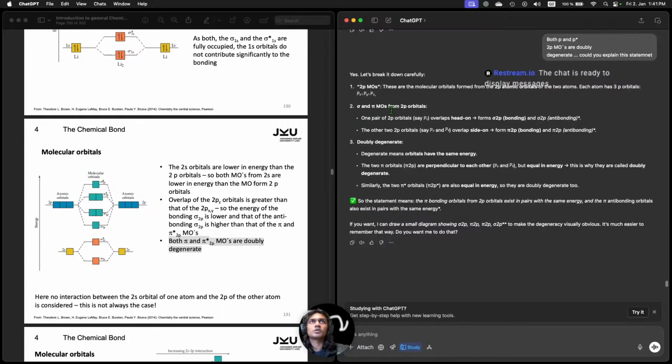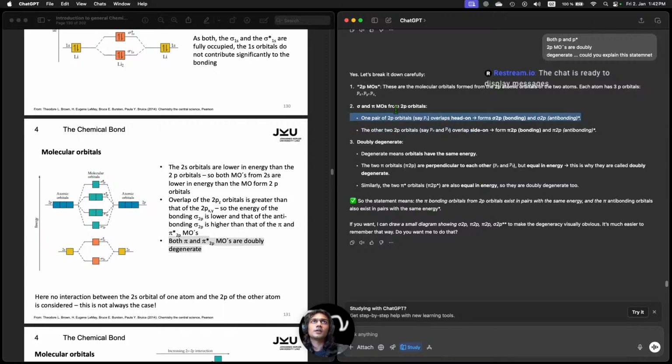Sigma and pi molecular orbitals from 2p orbitals. One pair of 2p orbitals, say pz, overlaps head on to form a sigma 2p bonding and sigma star 2p anti-bonding. The other two 2p orbitals overlap side on.